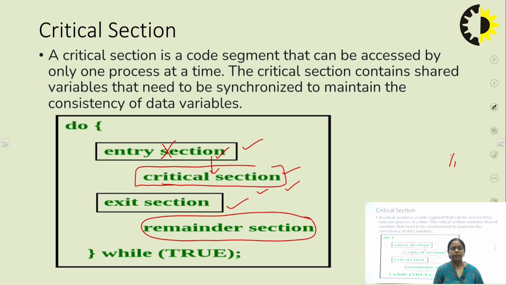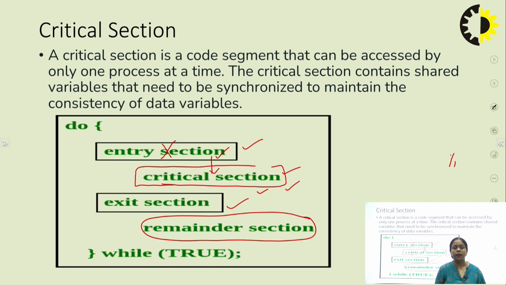So in this case, we should understand that there can be multiple processes, and each process will have its critical section portion where we have shared variables, but shared variables cannot be changed simultaneously or without any permission. That's why we have a critical section portion in each and every process.